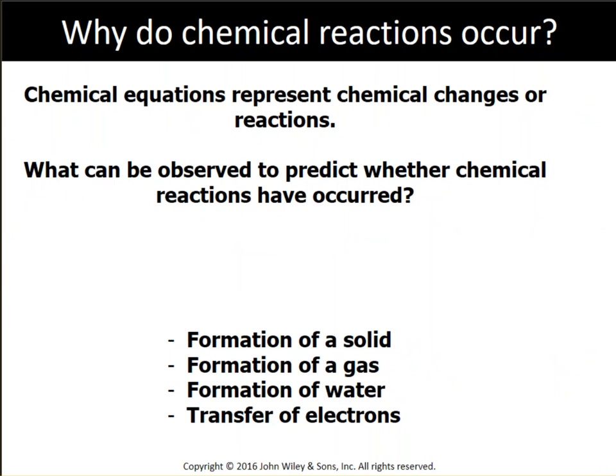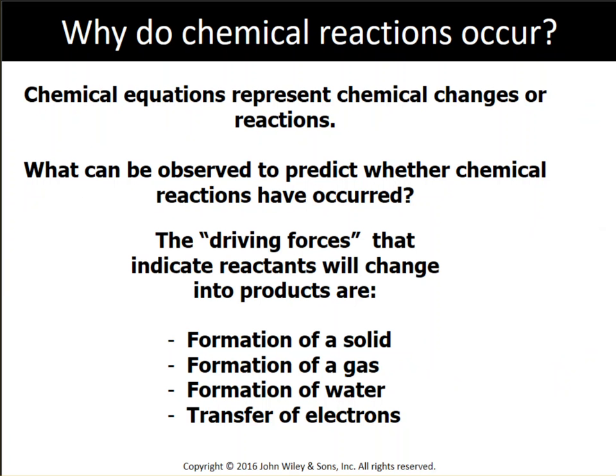So now let's look at chemical reactions. Chemical reactions are chemical changes that occur. So you start with substances or elements and you react them. You set up the conditions in a way that they react, and from that reaction new materials are formed.